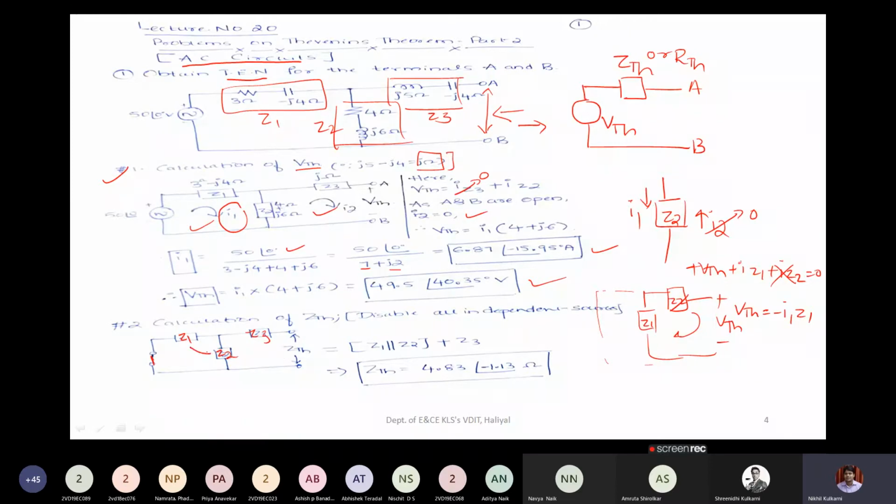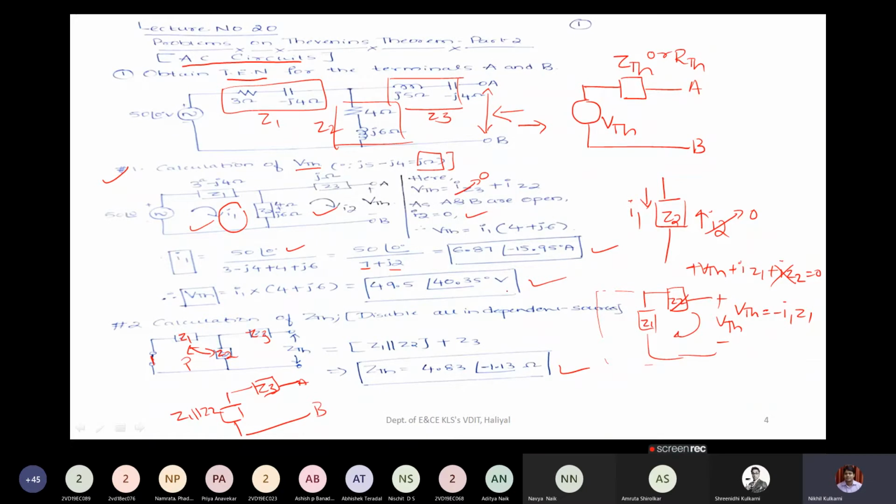Z1 and Z2 are in parallel, and that value is in series with this. So that means you will be getting Z1 parallel with Z2 in series with Z3.